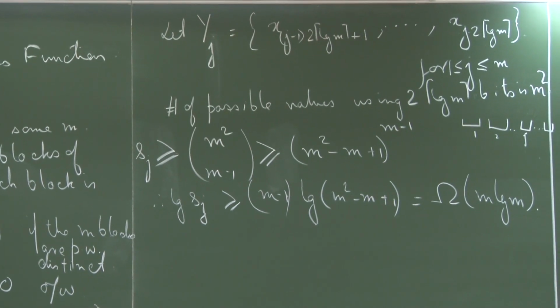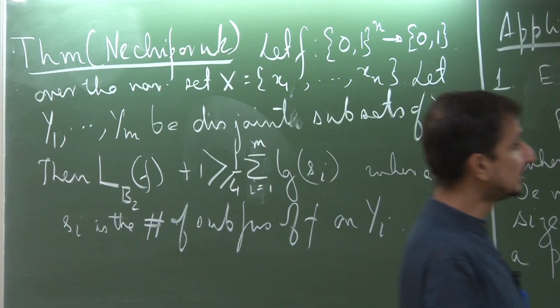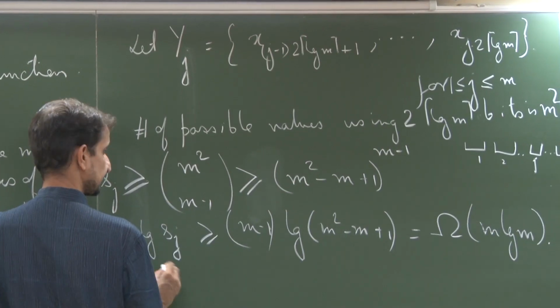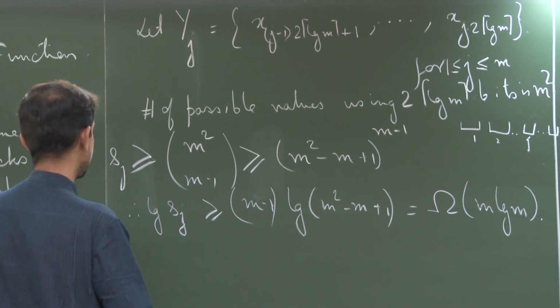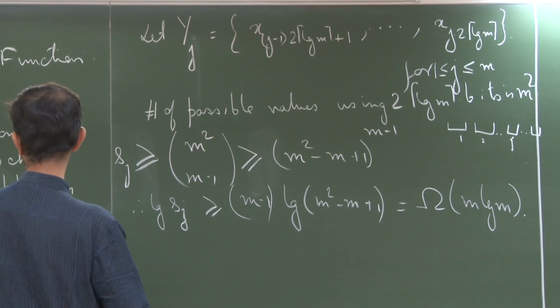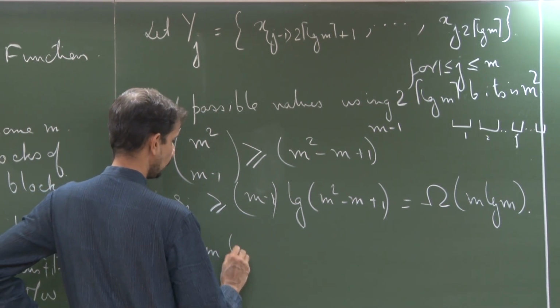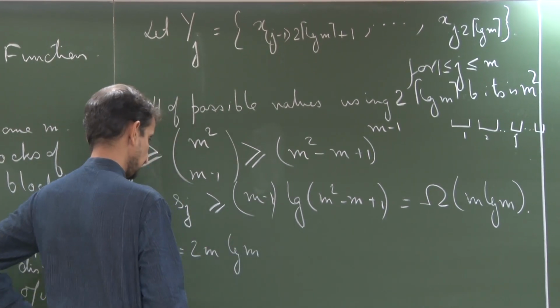Okay, so we have this bound. Now this is in terms of m, so what is m? We have n equal to 2m log m.